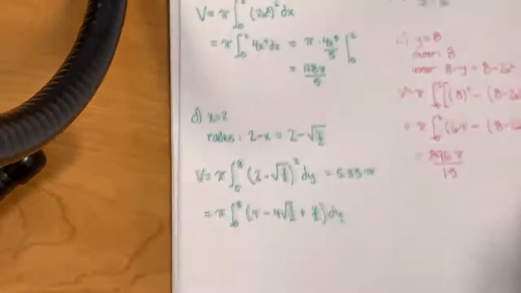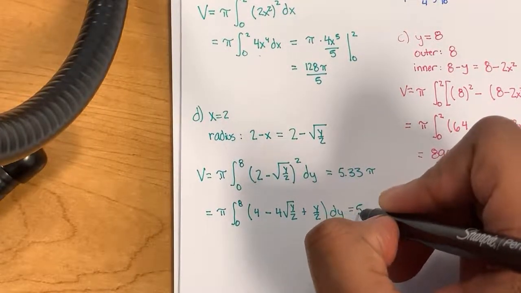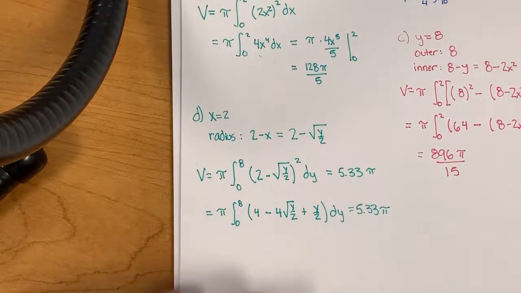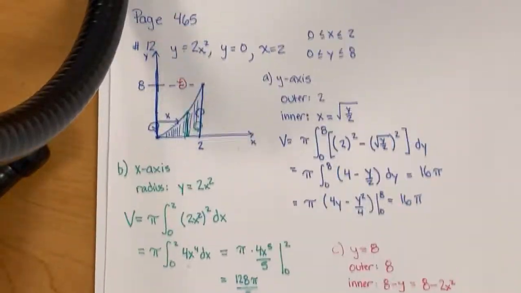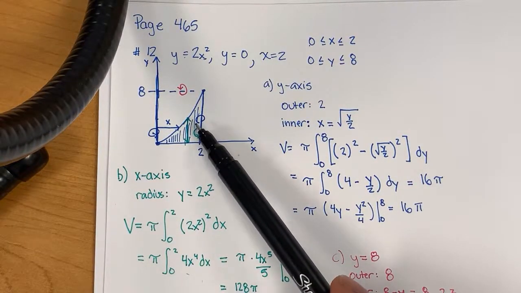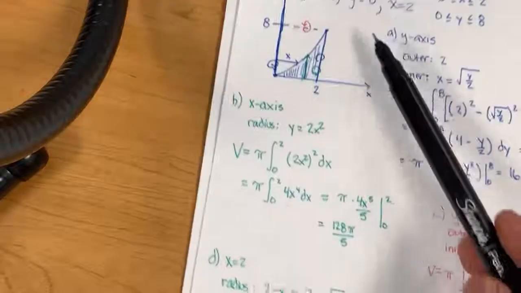We do get the same value, so we get 5.33 pi.